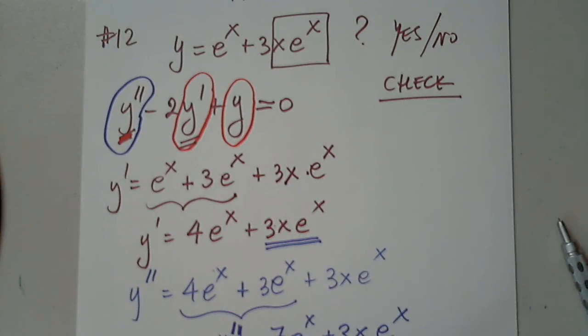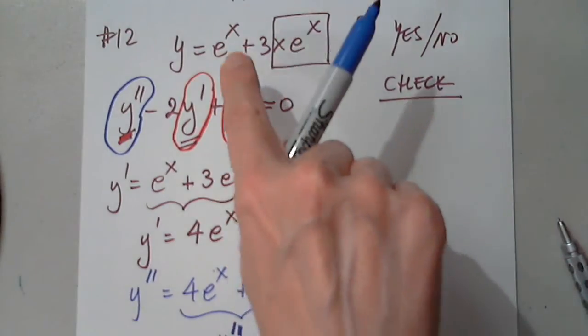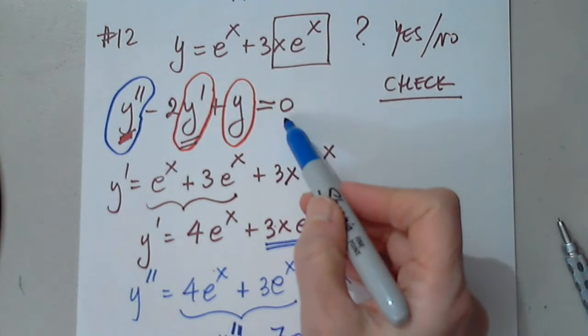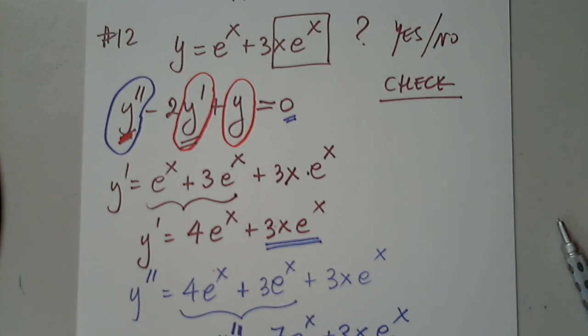This will be replaced by this. This will be replaced by this. This will be replaced by this. And if I don't get 0, then I'm in trouble.